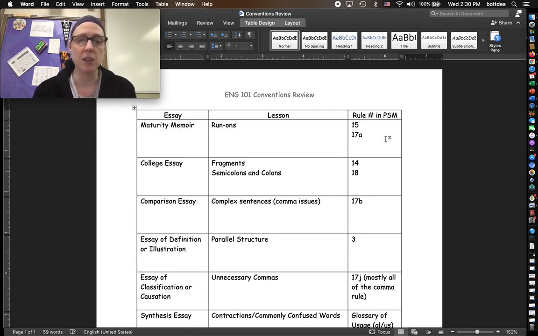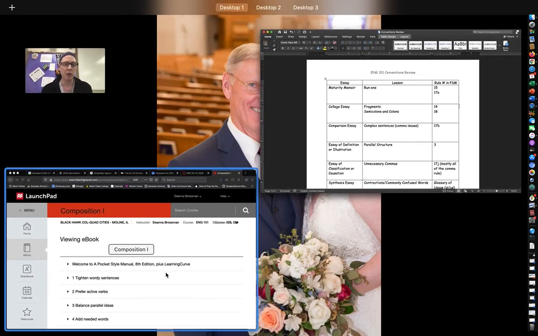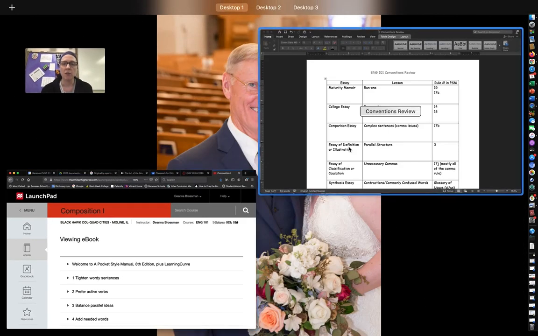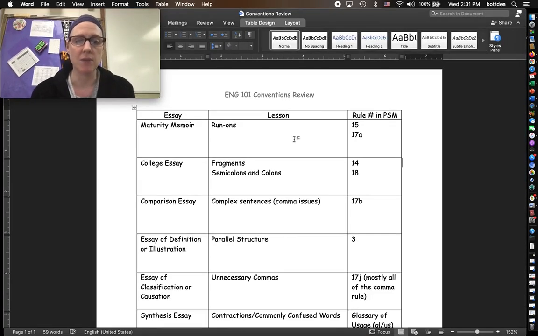And so what I want to do here is just keep going back and forth between the pocket style manual, which I'm going to show you electronically, and that document so that you can pay attention to what you need to do, think about some things that I'm reminding you of as you listen, and hopefully you can also stop the video, go back through and check your essay to see if you have any errors in that, and then move forward.